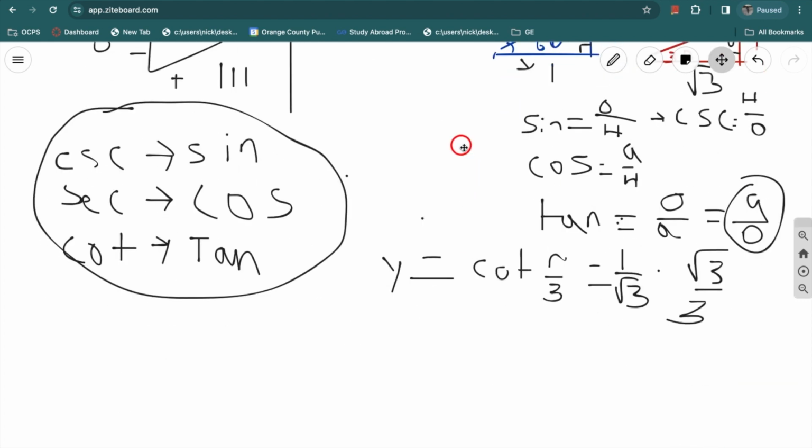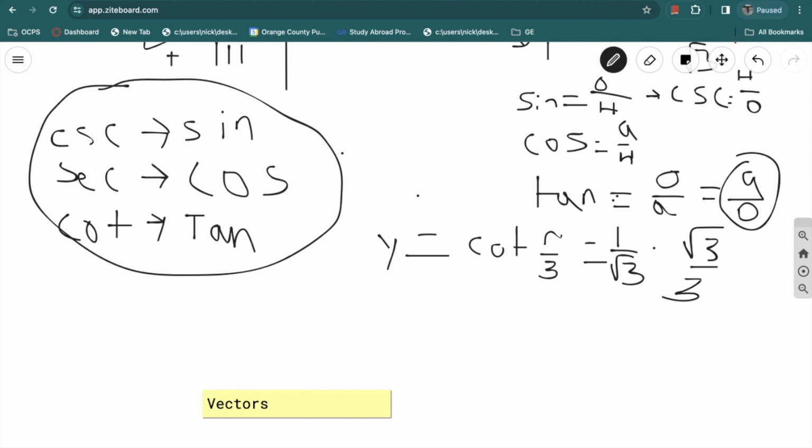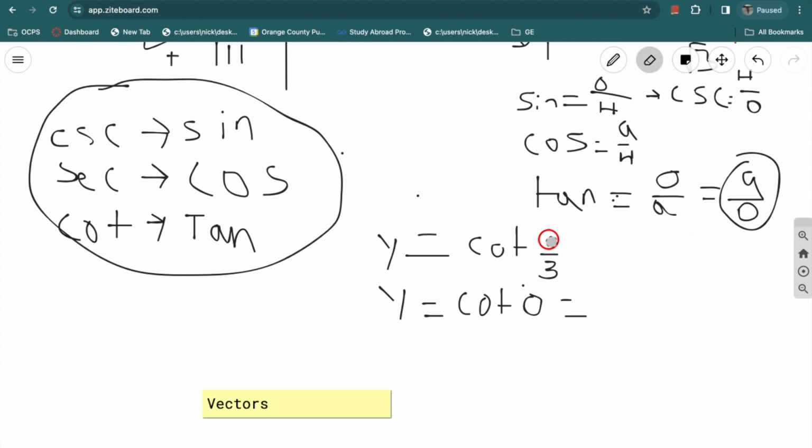Now let's take a look at y equals cotangent. Let's do y equals cotangent of 0. So we know it's 0 degrees, and cotangent is adjacent over opposite, same as here.